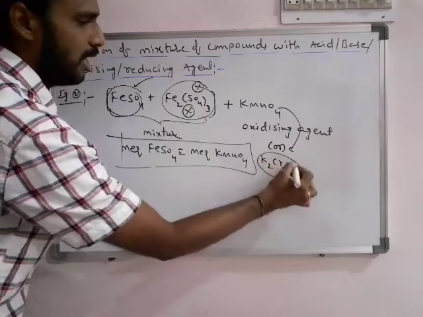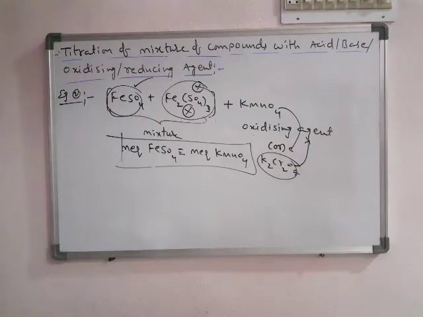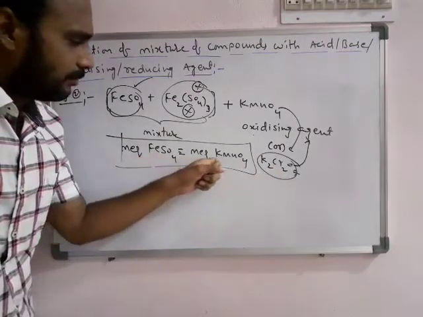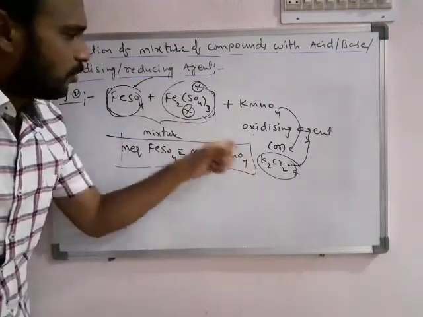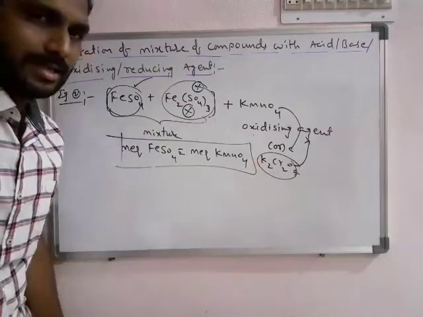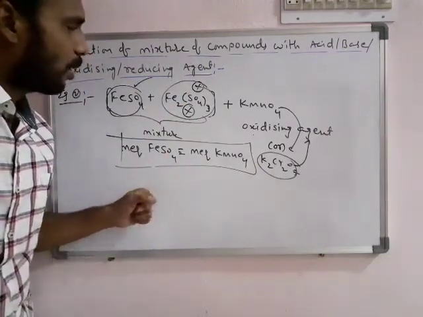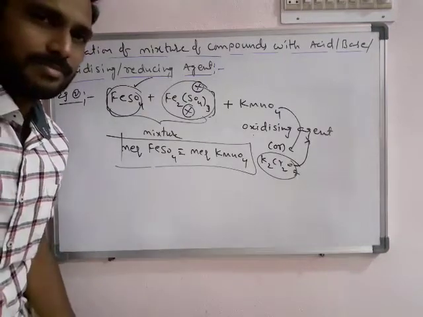It is also a good oxidizing agent. With it also, FeSO4 reacts but Fe2(SO4)3 does not react. So we have two choices. Now we do the calculation for some problems based on this concept.